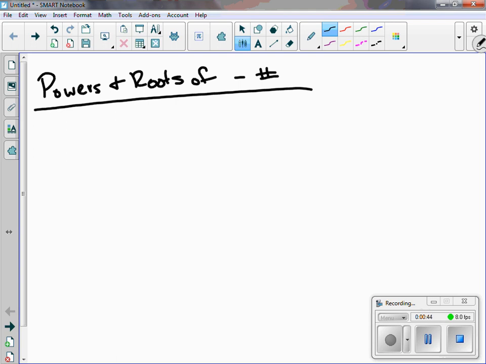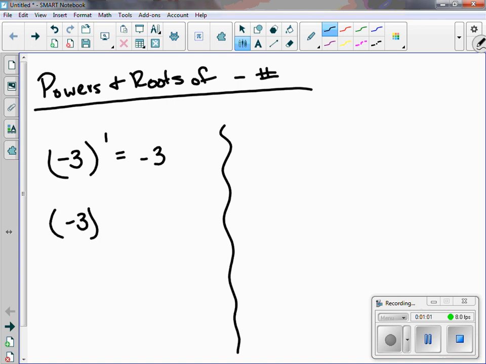Okay, so there's two types of situations here. Let's say that I have negative 3 to the power of 1. That's going to be a negative 3. But if I have negative 3 squared, it's going to be a positive 9.